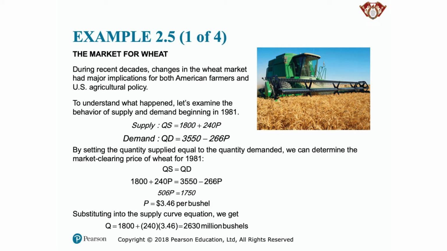If we insert this into the demand curve or supply curve, we can calculate the equilibrium quantity. That is this one, right? So in tests, usually you have to calculate like this.